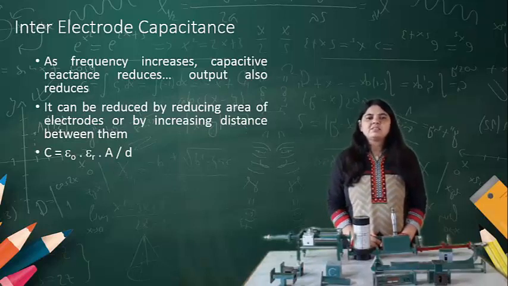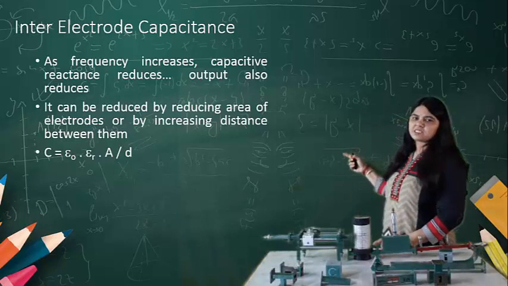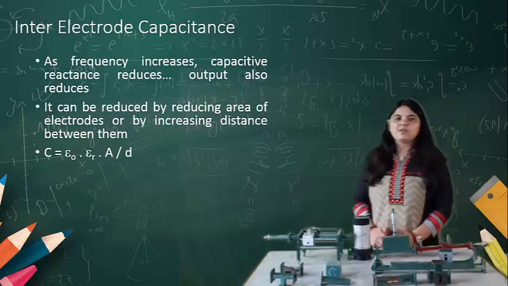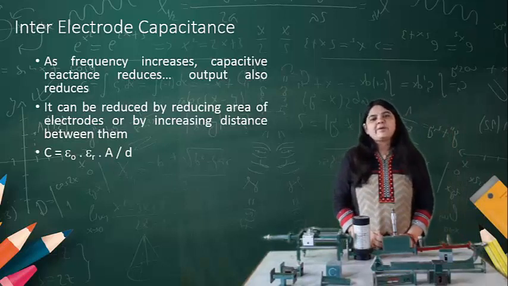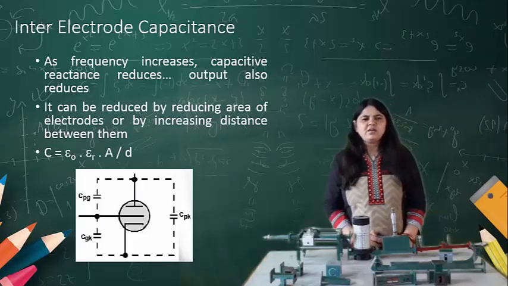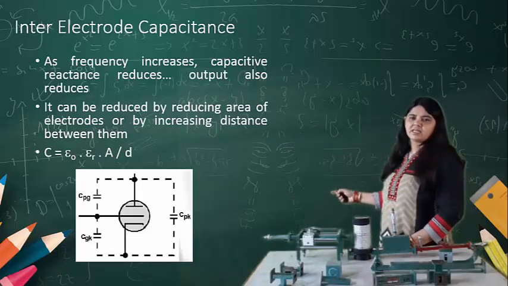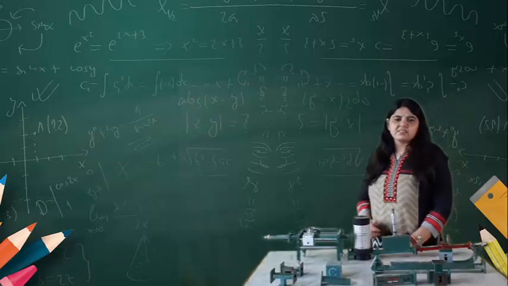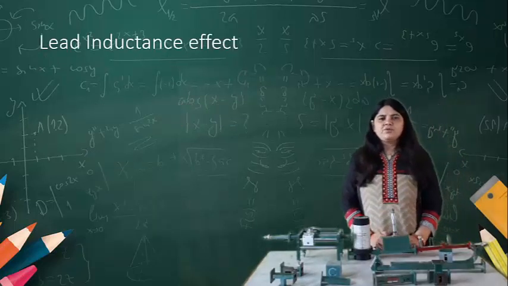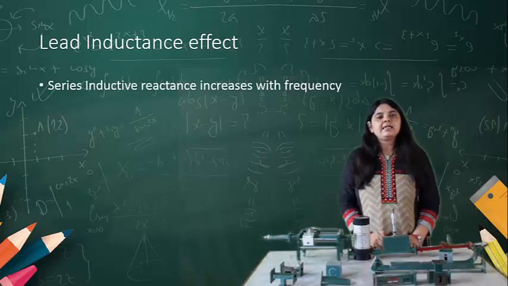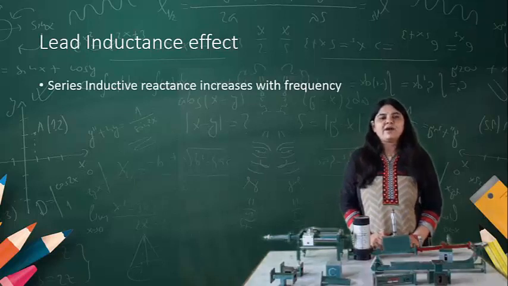Here the equation is C equals epsilon A upon D. Epsilon is epsilon 0 into epsilon R, A is the area, and D is the distance between the two plates. Here you can see in this diagram how the inter-electrode capacitance is there at the microwave frequency.